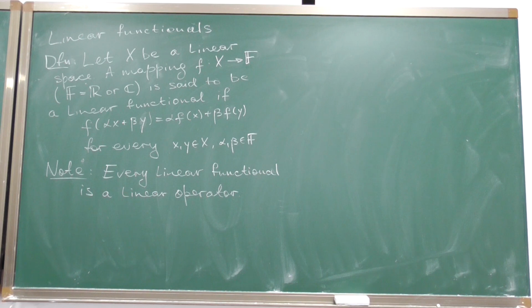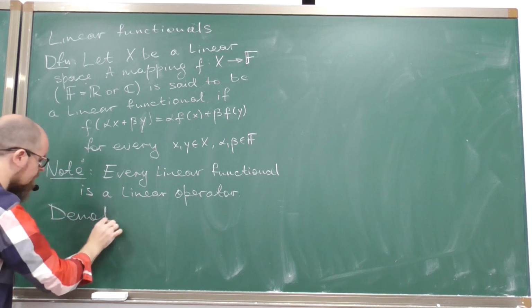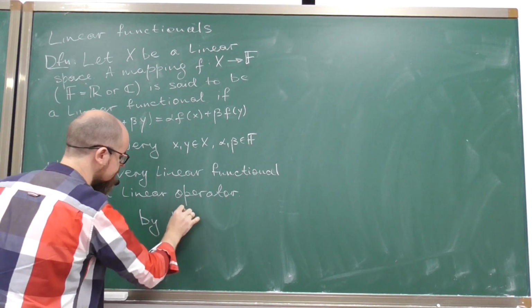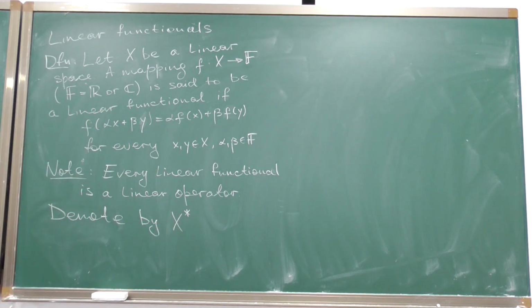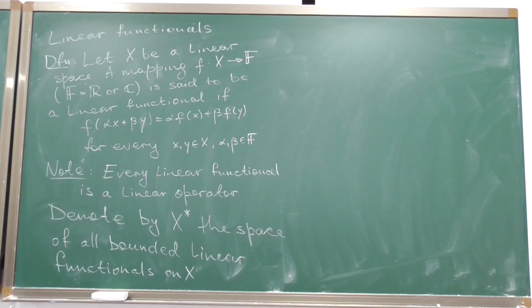One very interesting property. Denote by X star the space of all bounded linear functionals on X. So in the lectures about linear operators, we had a special notation for the set of all bounded linear operators from one space to another.